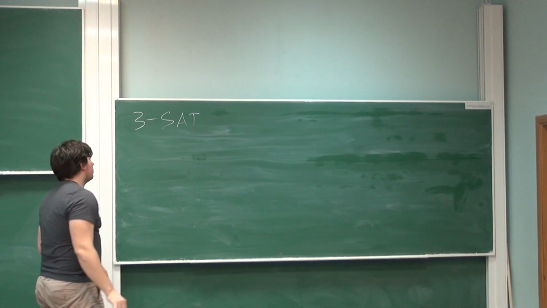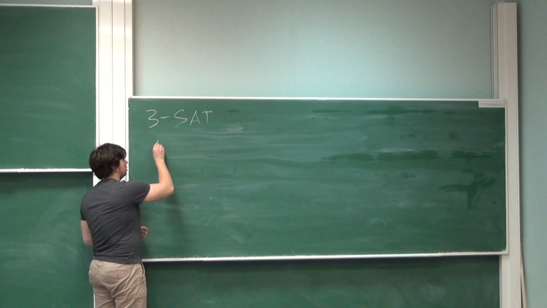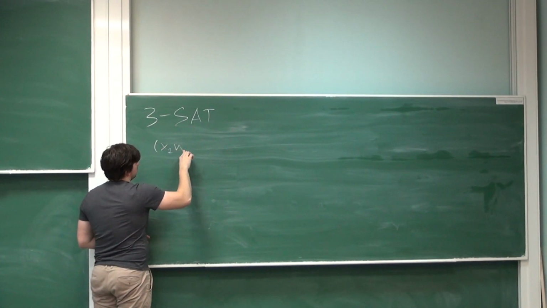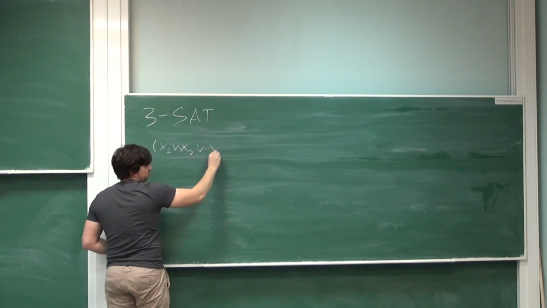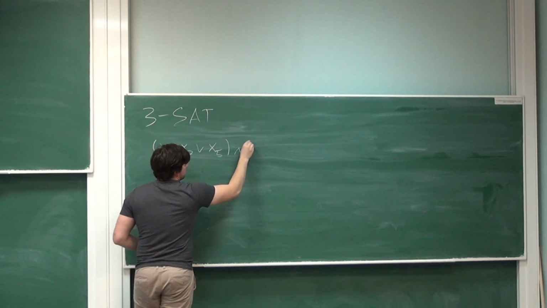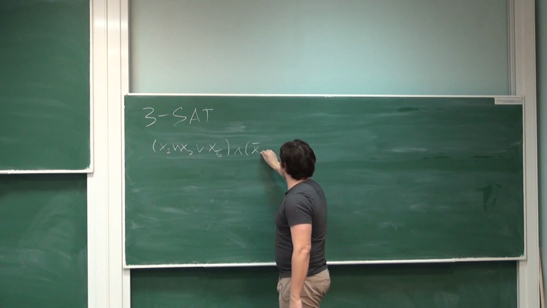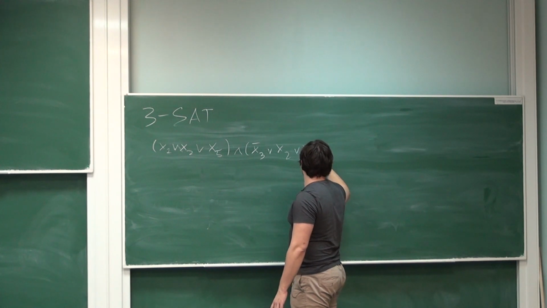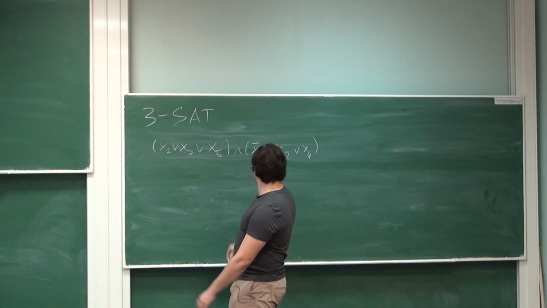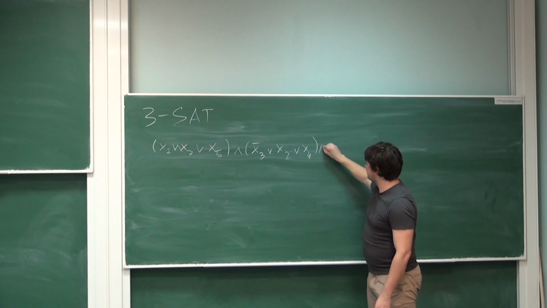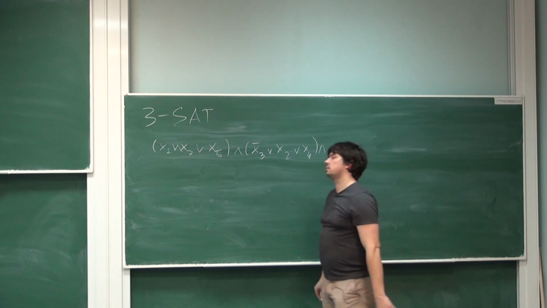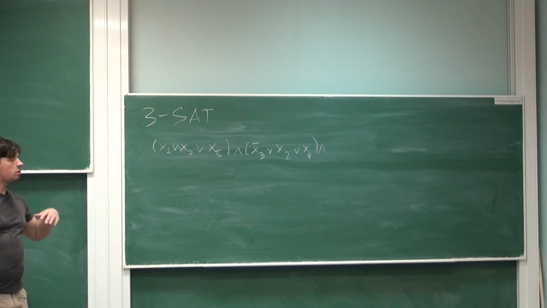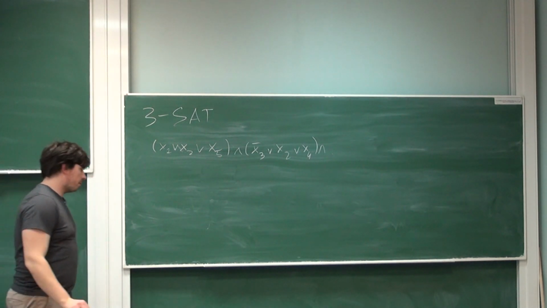Again, you have your 3CNF formula, which is just in the form of x1 or x2 or x5 and so on. Every clause has length at most 3, and you need to know if that formula is satisfiable.